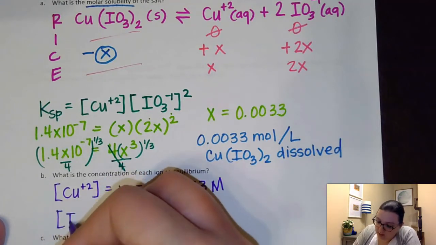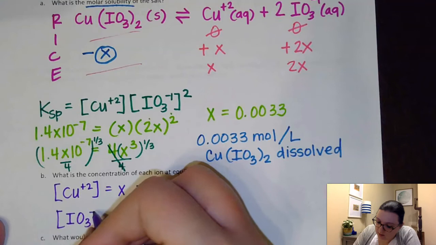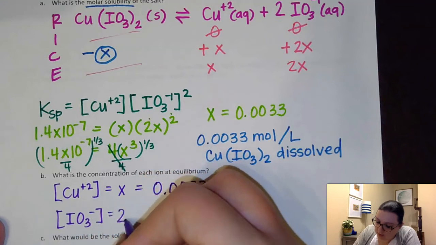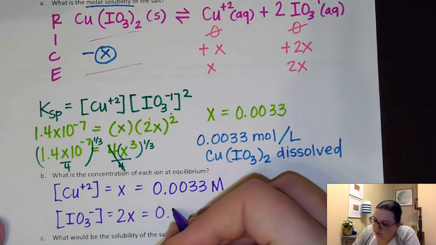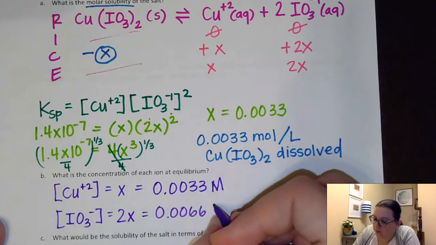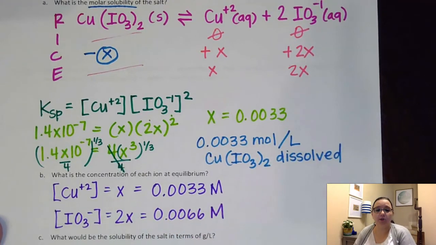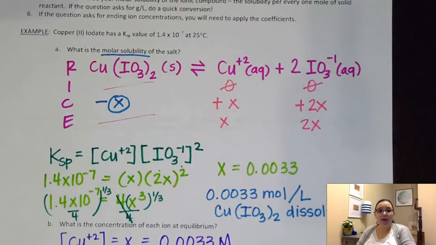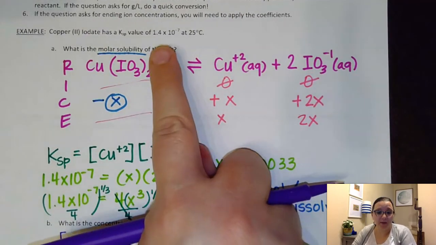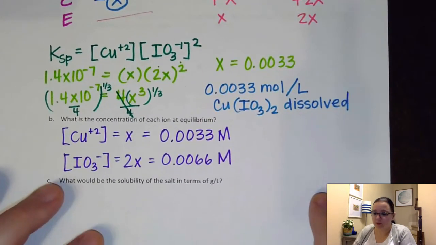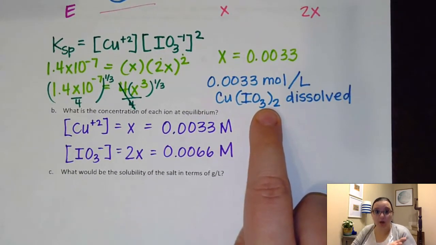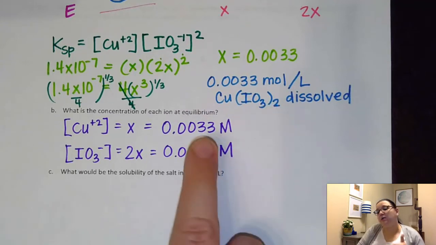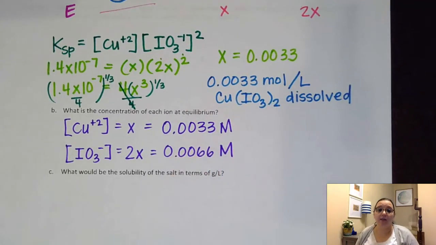My IO3, on the other hand, was 2x, according to my RICE table, so it's going to be double that value, 0.0066 molarity for its ending concentration. Okay, so just by having Ksp up here, we were able to solve both the molar solubility of the ionic compound to begin with, as well as get the concentrations of our ions at the end. So we were able to figure out quite a bit here.